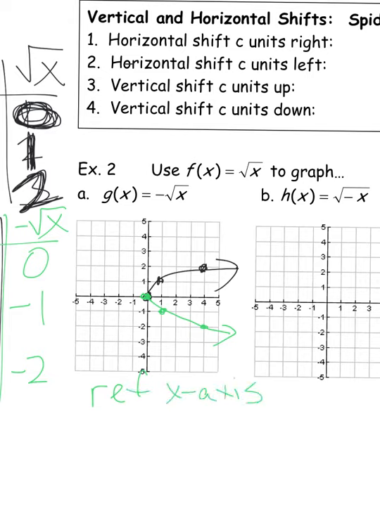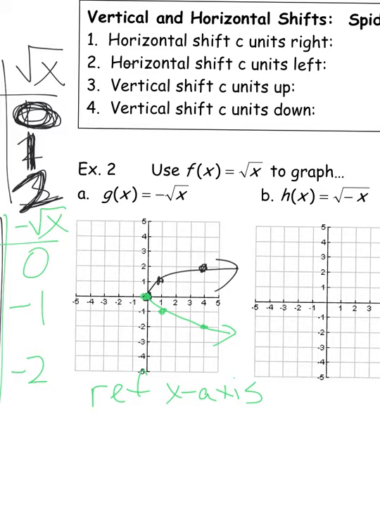So when we have a negative on the outside, and outside is associated with output, it reflects over the x-axis, which makes sense because it's an up and down movement. We also want an efficient way of memorizing this, and we'll talk more about that as we move forward.